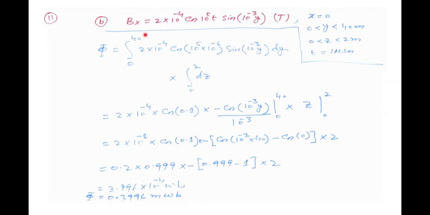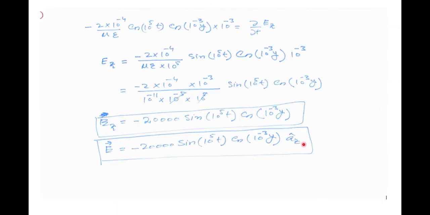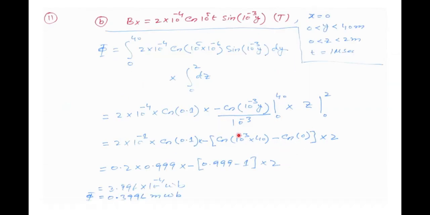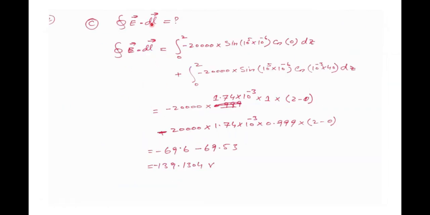The obtained electric field has only one component, along the z axis. So we have to select dl in the z direction and then integrate this between y equal to 0 and y equal to 40 meter. The simplification of this integration gives us minus 139.1304 volt.